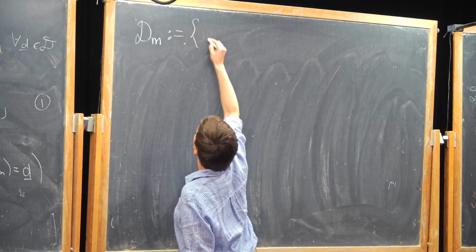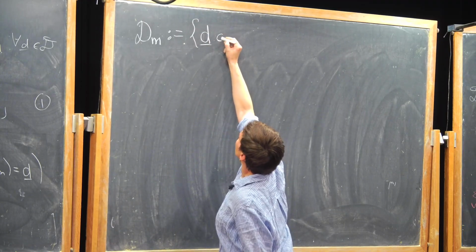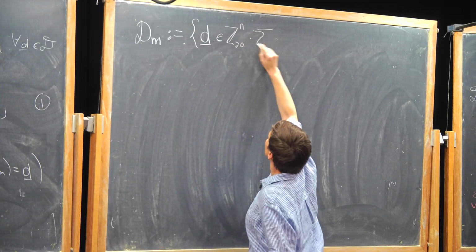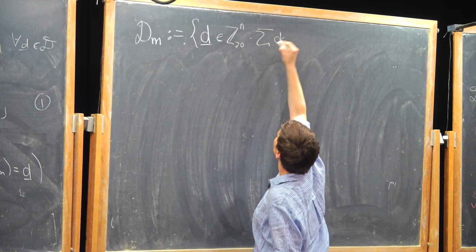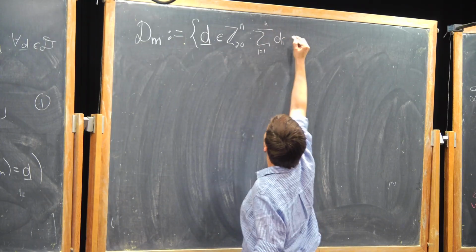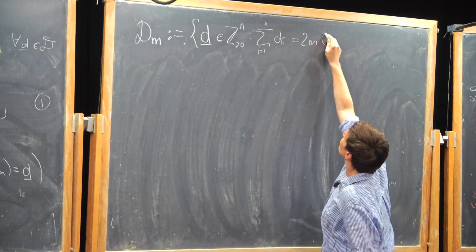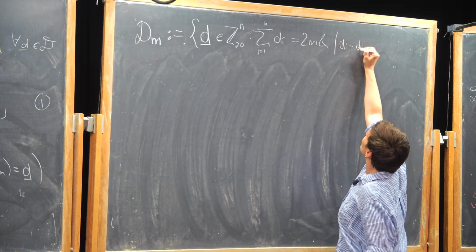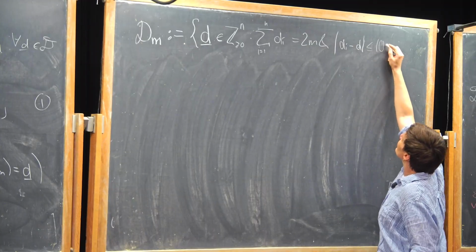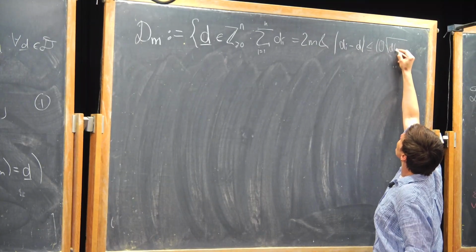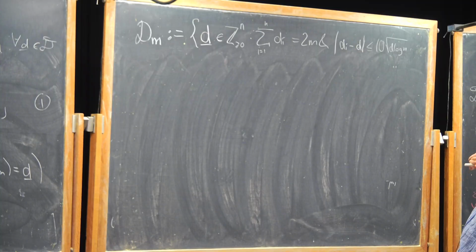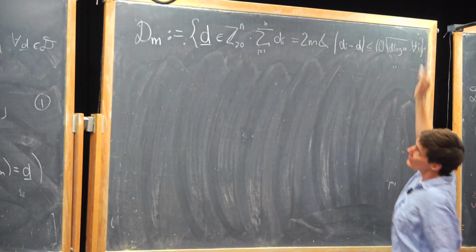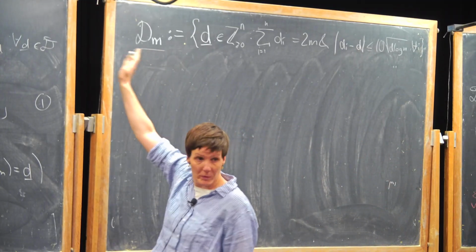So it's a set of all those d of length n such that the total degree is equal to 2m, and the deviation from the average is at most 10 root d log n, for all i.